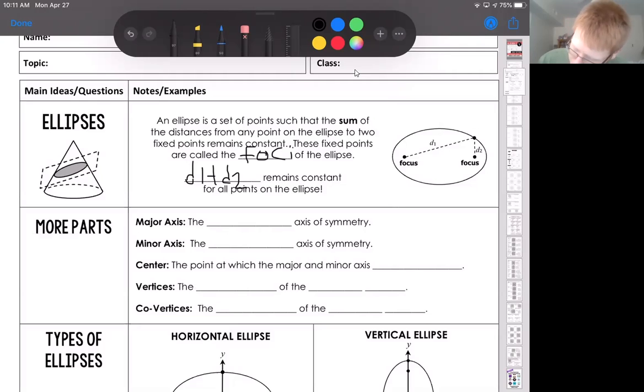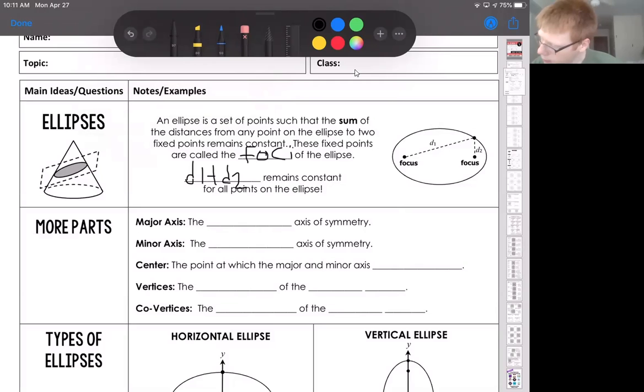For example, if I drew another point here, the distance to these two focus points would be the same as the distances for this original point. For what we're doing, it's not that important, but if you do more with conic sections, you'll talk a lot more about the importance of your focus points. But it's just by definition what makes an ellipse an ellipse.